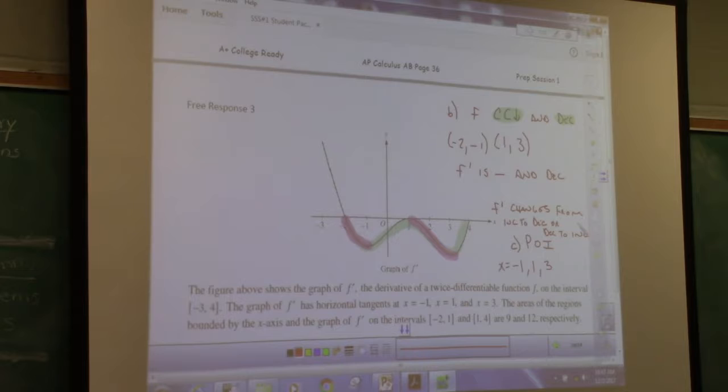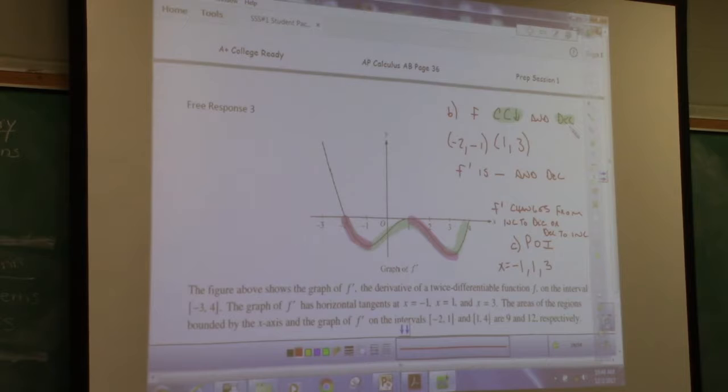I think you'd have to be a little more specific. You'd have to say the slope of f prime changes from positive to negative or negative to positive. I think that would work. But we want to be real specific in our justifications. I know sometimes it's hard to get all the points as specific as they want us to be. Any questions on those 3?